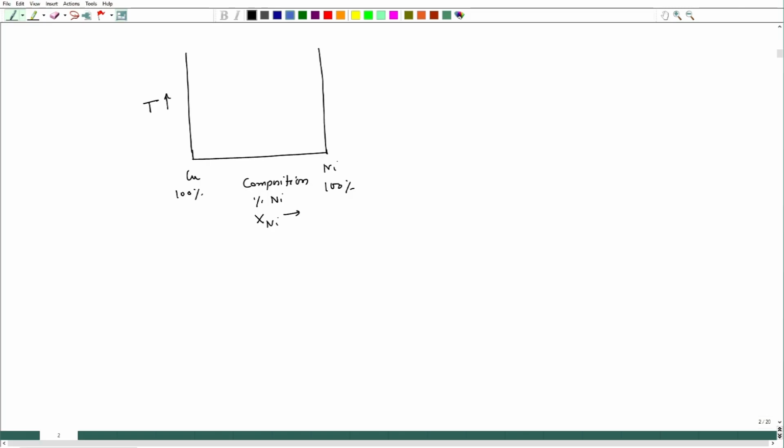And here I have to fix one particular system variable. Here I am fixing pressure. P is fixed. So, when P is fixed, the diagram typically looks like this. Here we have liquid, here we have solid, and since it is 100%, here I see that the solid to liquid transformation happens.